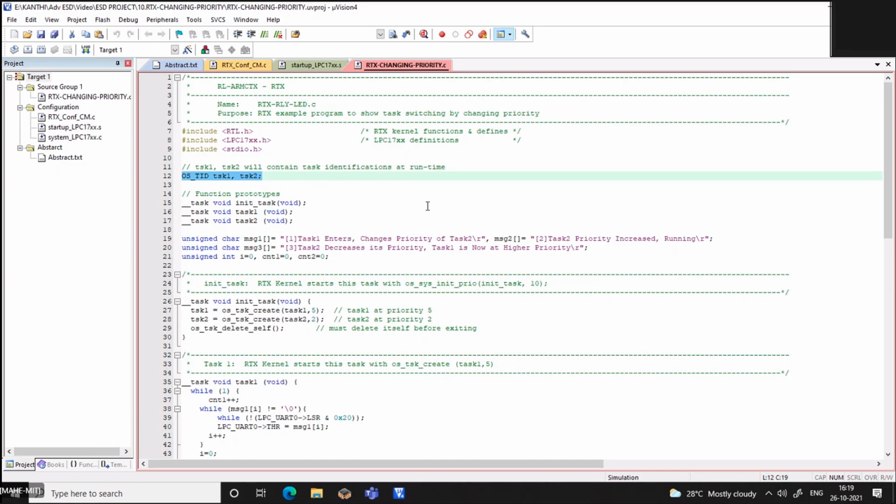At least two tasks we should have. So I'm giving the ID for the two tasks, and there is a function prototype for the task, that is _task for the initialization, task 1 and task 2. You don't return any parameters, so it is void.